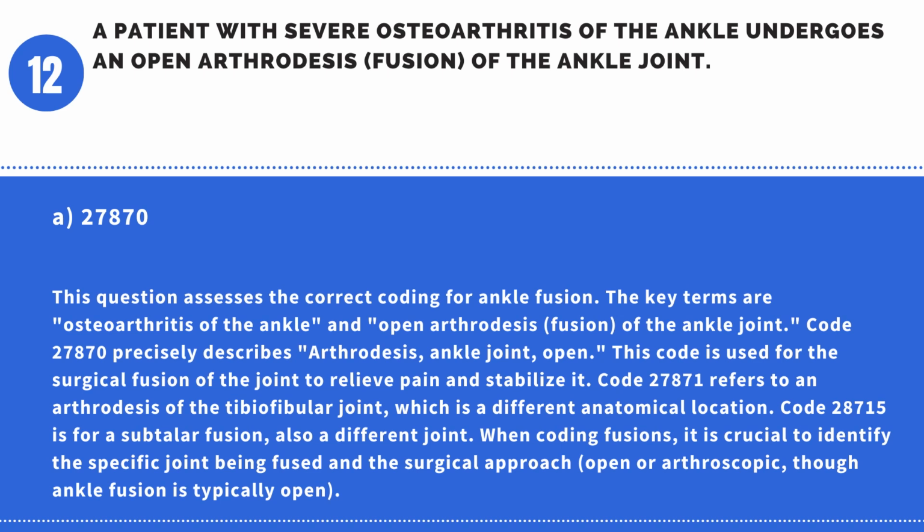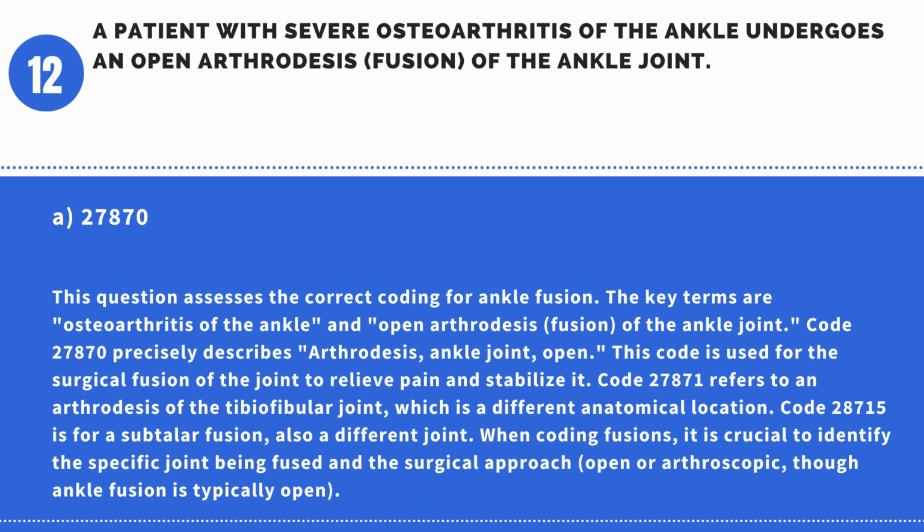27870. This question assesses the correct coding for ankle fusion. The key terms are osteoarthritis of the ankle and open arthrodesis, fusion, of the ankle joint. Code 27870 precisely describes arthrodesis, ankle joint, open. This code is used for the surgical fusion of the joint to relieve pain and stabilize it.